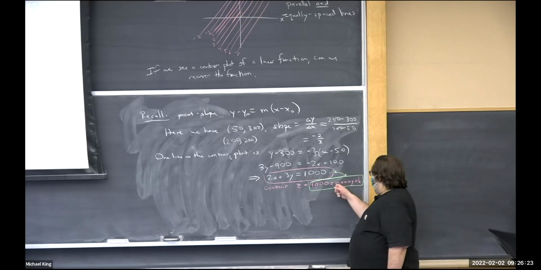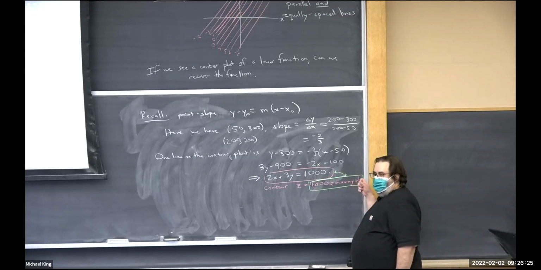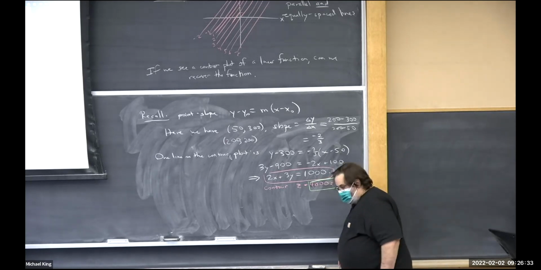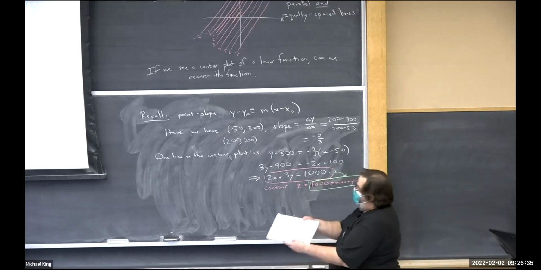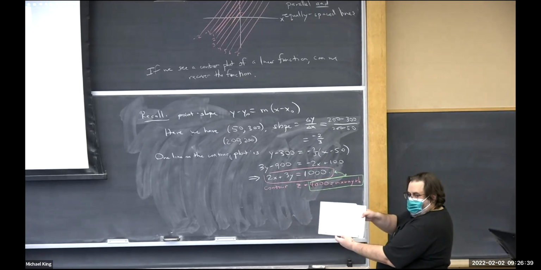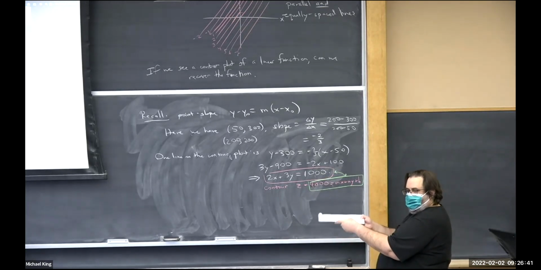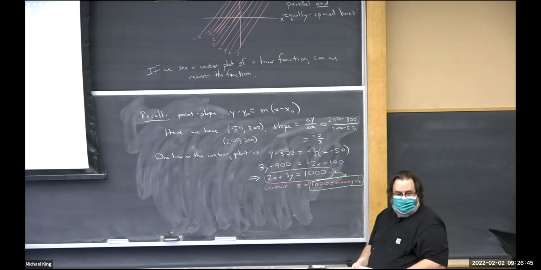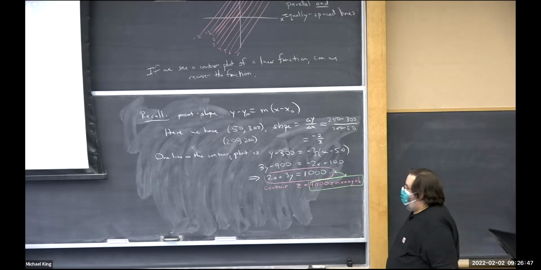I think that means we can probably figure out m and n. Well, maybe. Actually, I should be careful when I say that. We know one line now on the contour map, but we don't really know the tilt of the plane. Does that make sense? We really need to use a second one to find that.